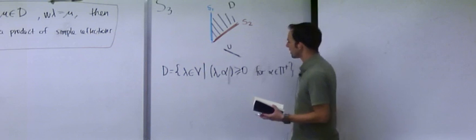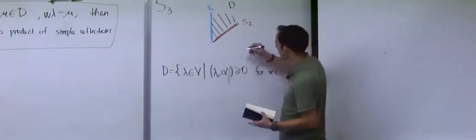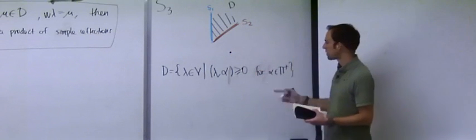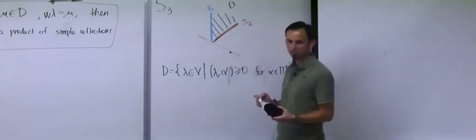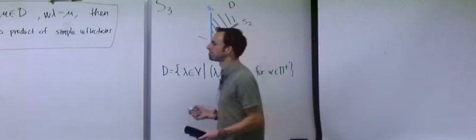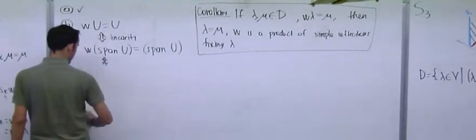In other words, in this case, if I want to prove that this whole line is fixed, then it's enough to prove that one of the points on it is fixed. And if I prove that this point is fixed, then by linearity, the whole line will be fixed. And so this is equivalent to saying that W fixes a basis for this thing.